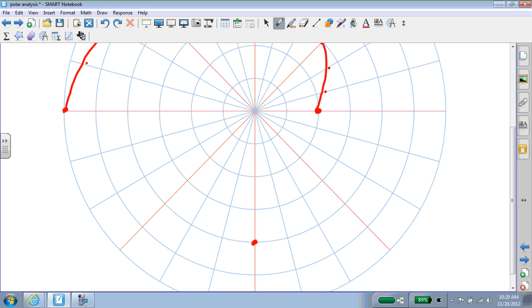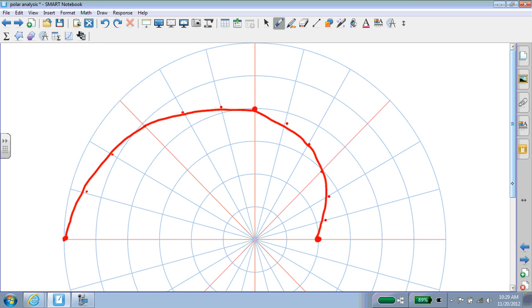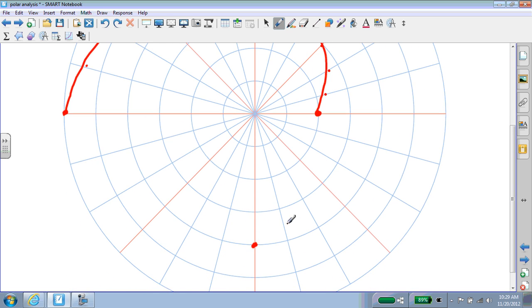And in between there, what's happening? Well, the radius is getting smaller and smaller, right? It's going from a radius of 6 to a radius of 2, which means on all these intervening radii, we'll be getting shorter again, shorter and shorter, until we get back here.